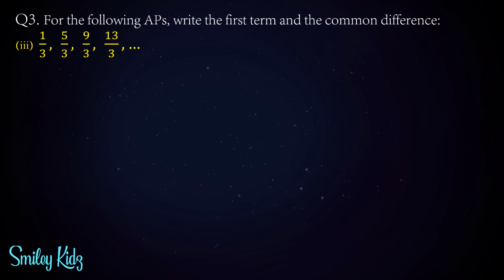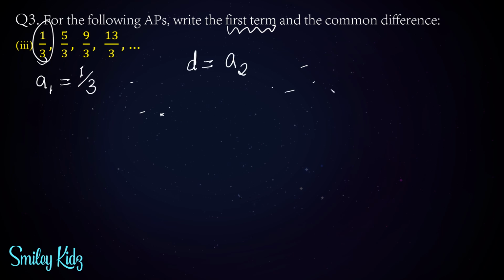1 by 3, 5 by 3, 9 by 3, 13 by 3 and so on. In this, what is the first term? The first term is 1 by 3. So what is the value of A1? A1 is equal to 1 upon 3. Then, how do we find out the common difference? The common difference is A2 minus A1. Now, what is the value of A2?